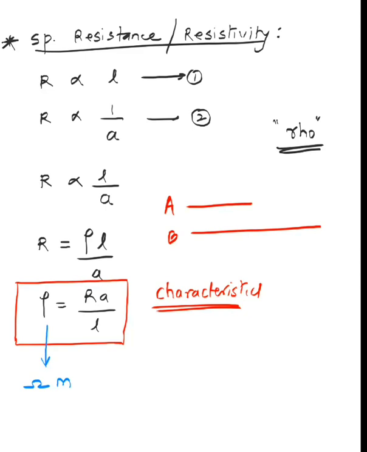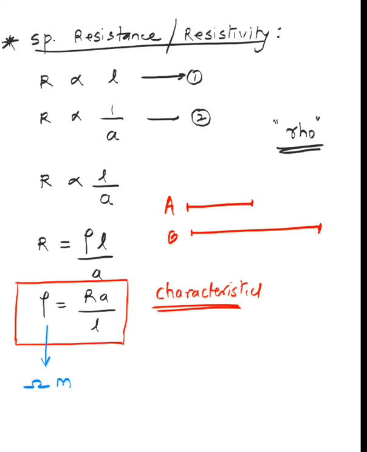Sir, I have a doubt. If it is specific for a material, why is the length involved? That's why. When you calculate per unit length, per unit area, it turns out to be the same. Look, if you have two wires with different lengths, the resistances are different, but the resistivity would be the same.